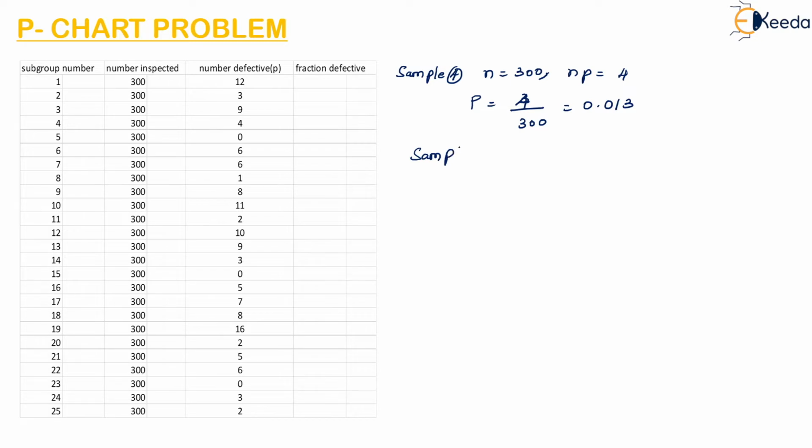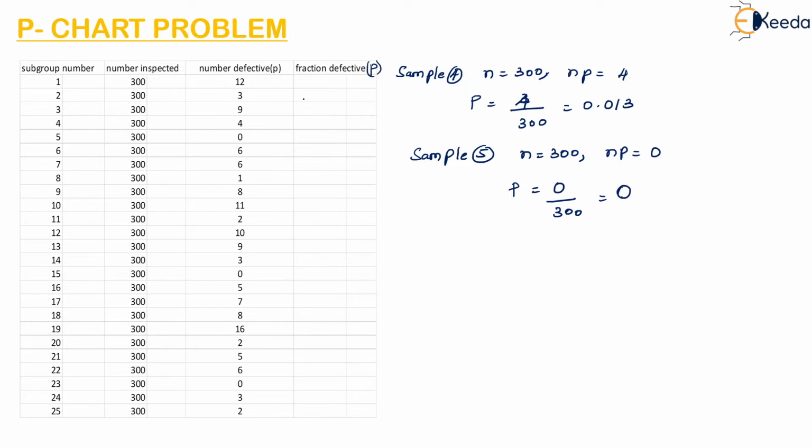For sample number 5, n is equal to 300 and np is equal to 0. So p is equal to 0 divided by 300, which will give us 0. In the same way, for all the 25 samples, we will calculate the fraction defective, that is the p value.